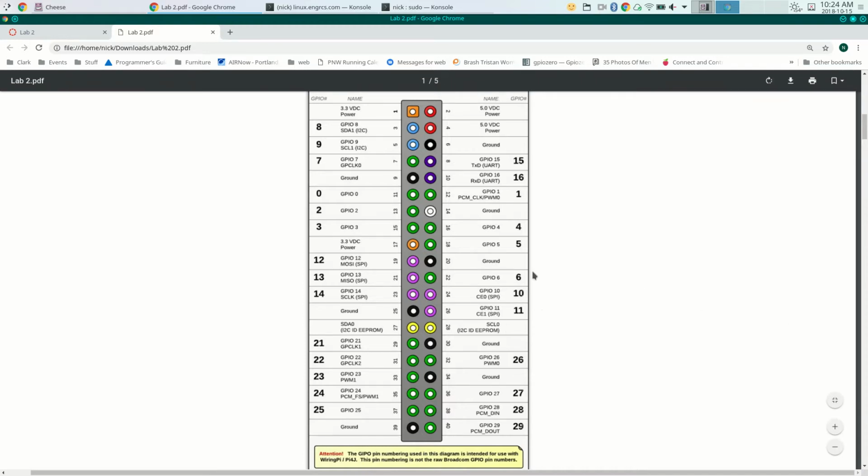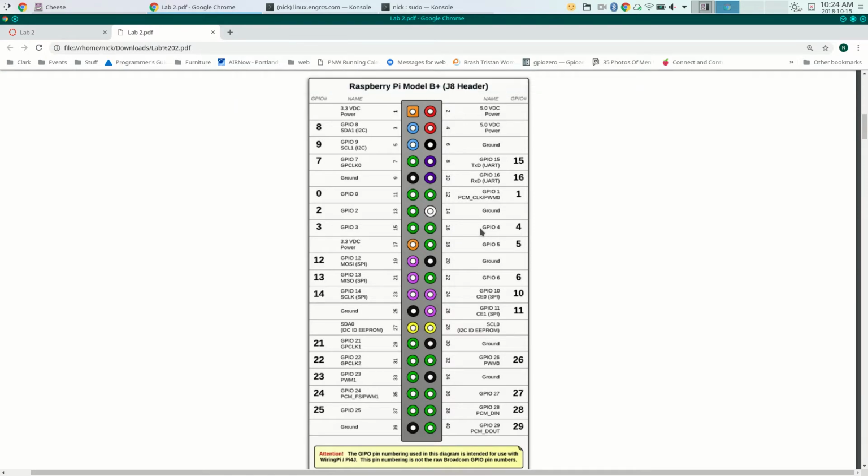All right, so mostly you have these GPIOs, general purpose I/O. These are ports that you can use to either write a voltage to or read a voltage from. They're how you get out of or inside the box from the outside world. But there's other things on here. There's this thing called I2C. It's a serial protocol. There's SDA.